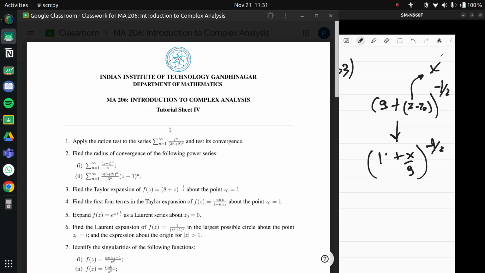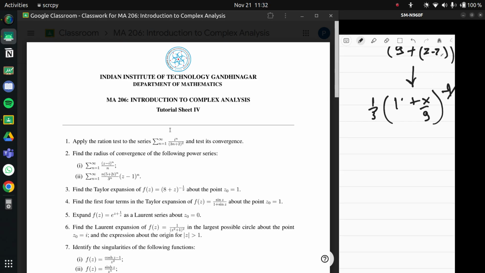That 9 comes outside, so it's just 3 to the power of negative 1. It's 1 by 3. But this we can actually expand, right? And we can expand it whenever you have x by 9 less than 1.